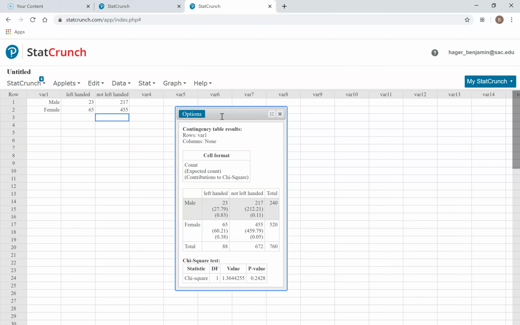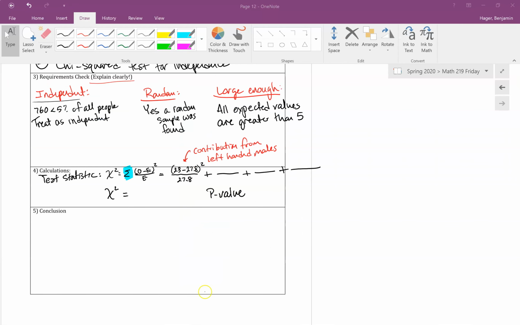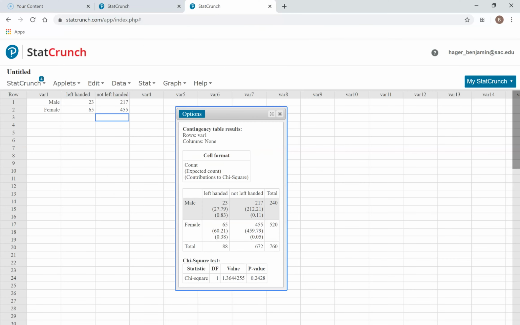That first contribution we set up on OneNote, this one right here, with the expected of 27.8, would come out to be 0.83. And here's the expected for the non-left-handed males, the expected number of left-handed females, and the expected number of non-left-handed females, and there are their contributions.